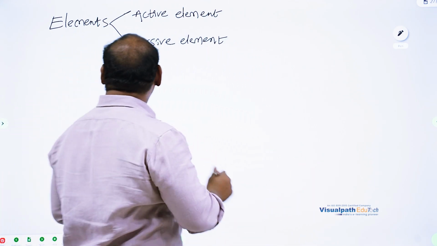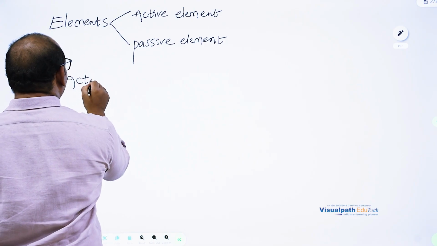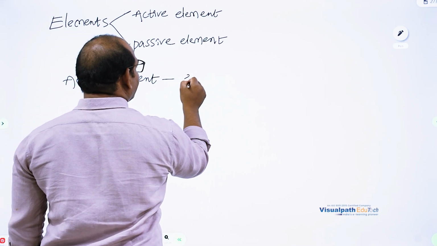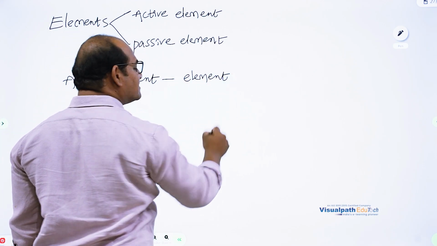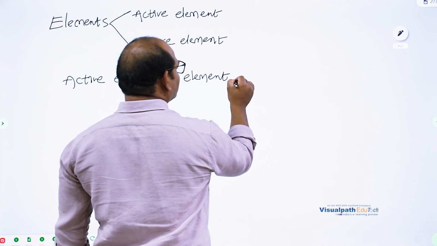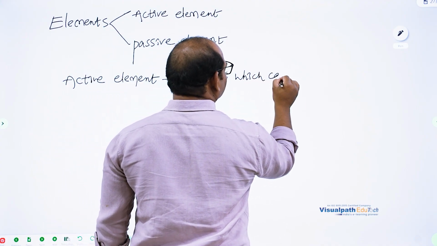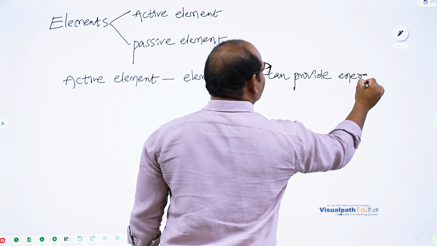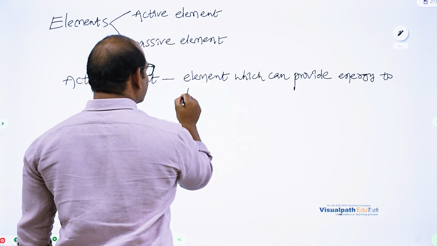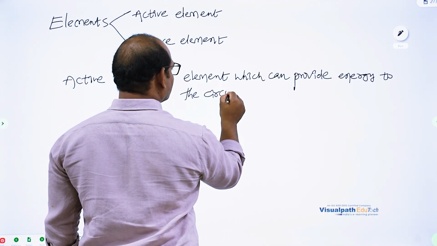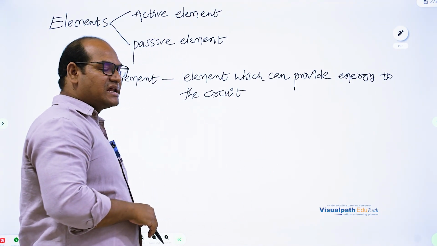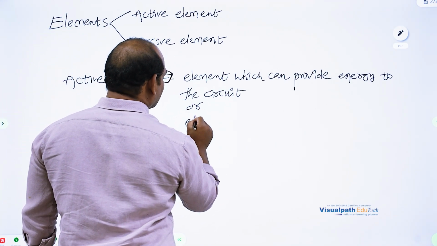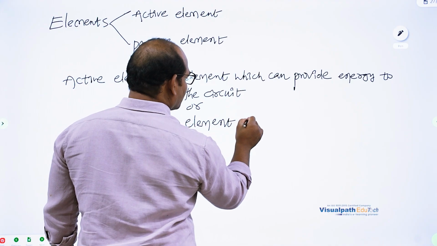So what is an active element? From the electrical circuits knowledge, you can tell it is the device or the element which can provide energy to the circuit, or the element which can energize the circuit.